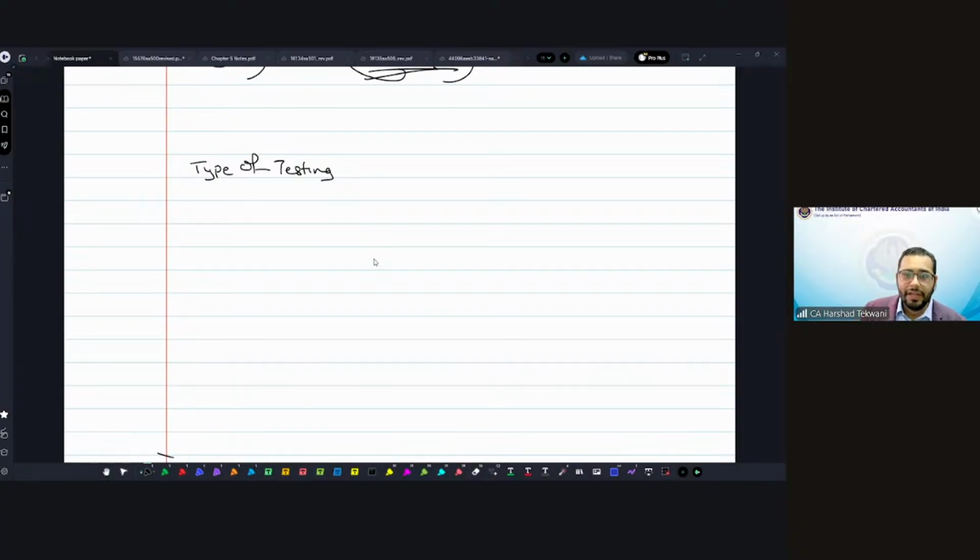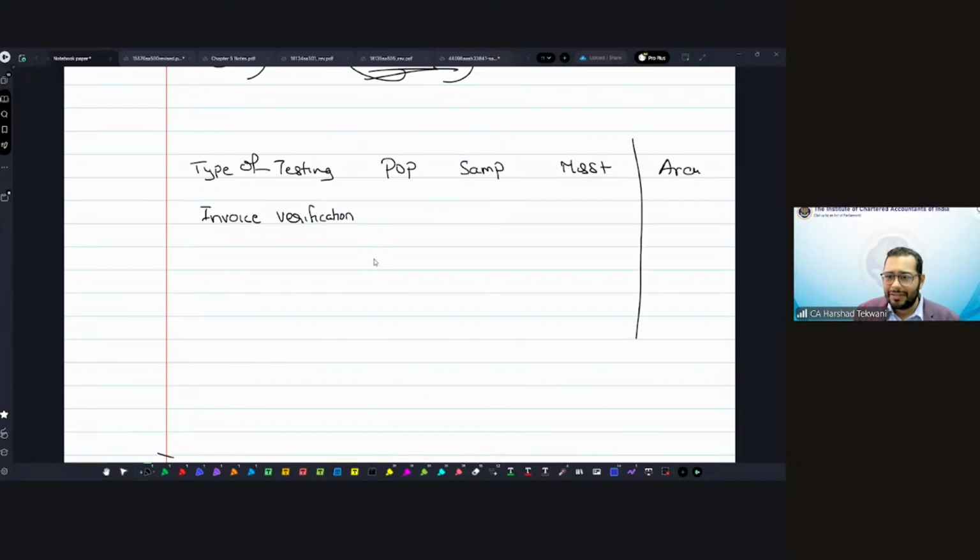We have a type of testing, we have population in this table, we have sample size, we have misstatement. Okay, so we have these things. Type of testing: invoice verification. Okay, I'll write the area also, so that you can understand which area the testing belongs to.